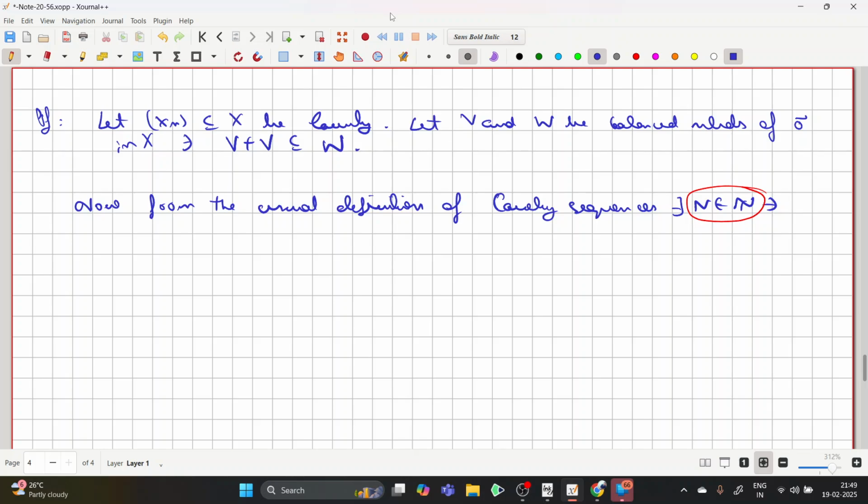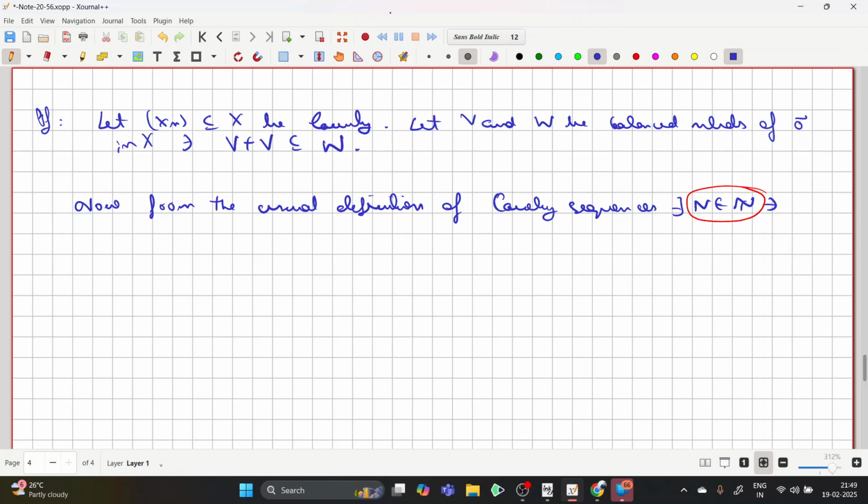Reflexivity is also one of the properties required. The most important property is being directed. That is, provided you have two elements, there exists a third element such that it is greater than or equal to both of these elements. Whatever, we don't indulge into that sort of a concept.